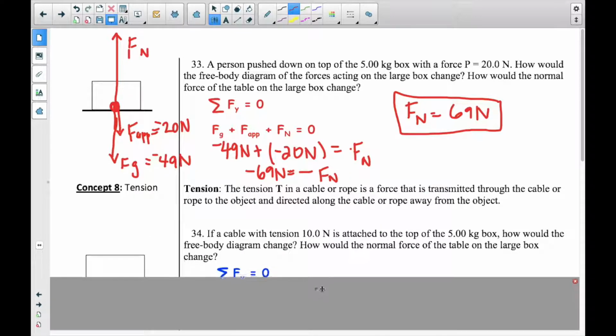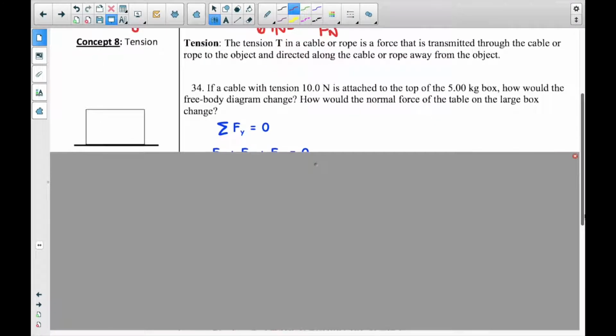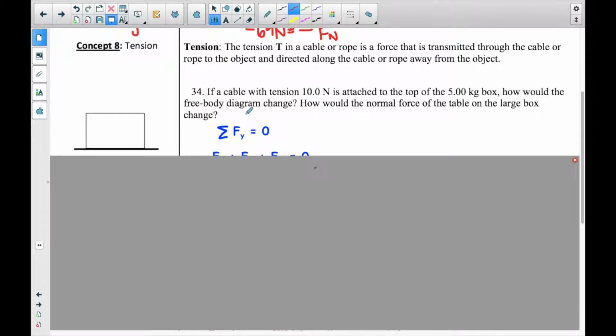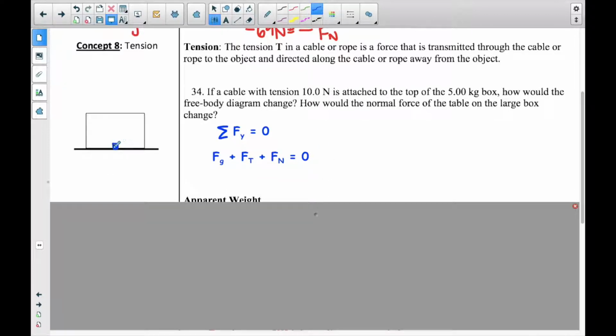What about tension? What if we have this same box and this time we are attaching a cable or a rope to it and creating some tension? Well, let's go ahead and draw our free body diagram. From before, we have the same 5 kilogram box, and we have the force of gravity, which is a negative 49 newtons.